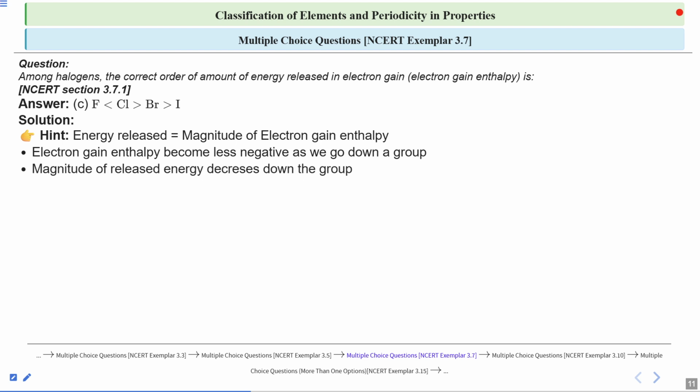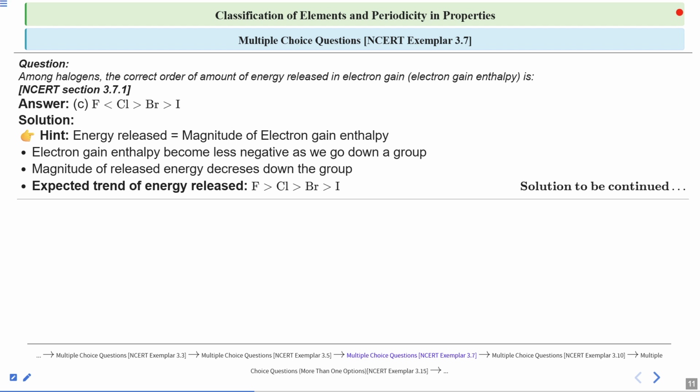So we can say that the magnitude of released energy also decreases down the group if the negative part is decreasing. But if we are saying this as the exact trend, then our expected trend would be fluorine, chlorine, bromine and iodine. So that is the normal trend which you will refer to according to the general trend.